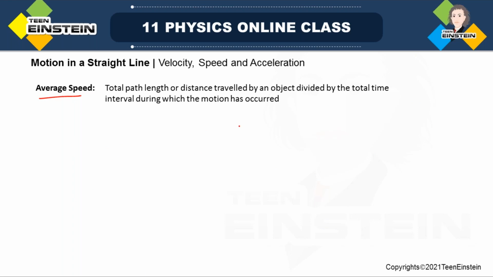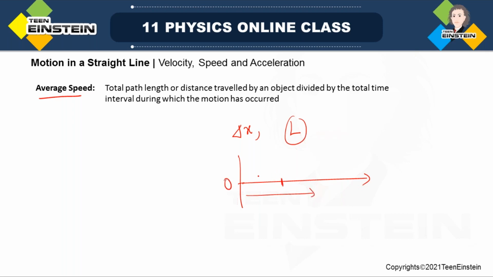Now we know that not only displacement, we have learned even total path length also. When an object is in motion, it can change its position. Motion is change of position with respect to time. We have seen that an object can change its position in two ways. One is it can just travel in a straight line without making any change in direction.